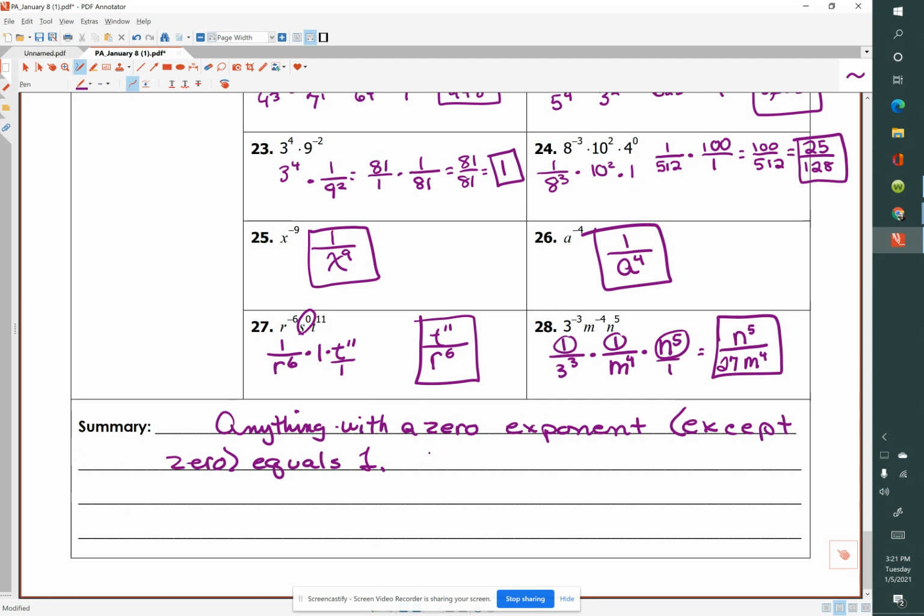And then we can get rid of a negative exponent by putting it under a numerator.